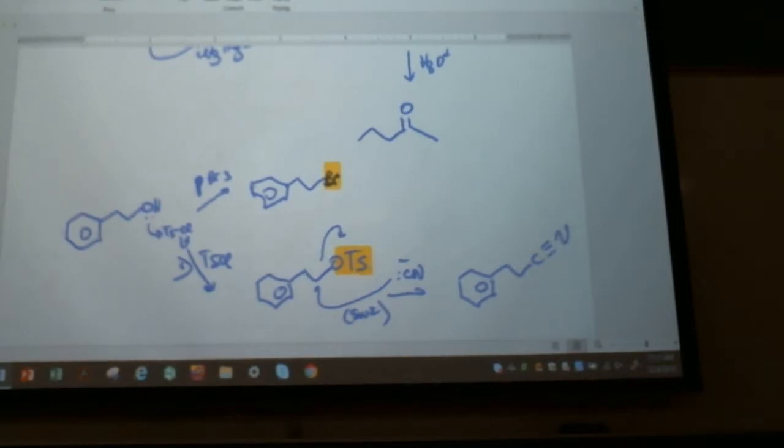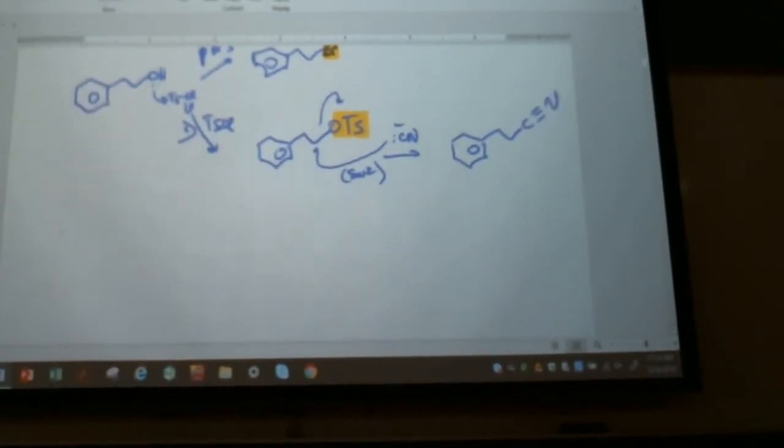Right? So that would be the first product that I wanted. And then we hydrolyze. So nitriles, if you hydrolyze mildly, will give you an amide, but if you heat it with sulfuric acid, you're going to go all the way to the carboxylic acid.